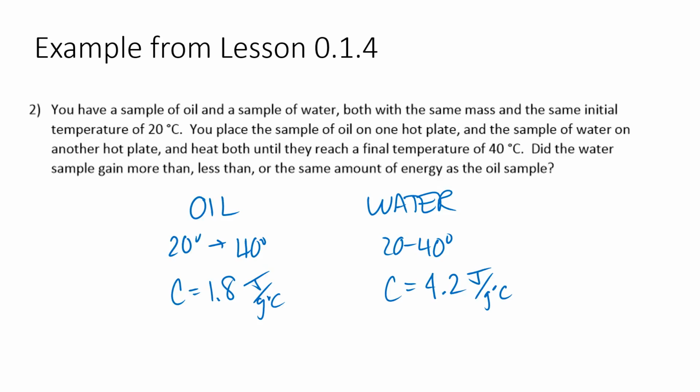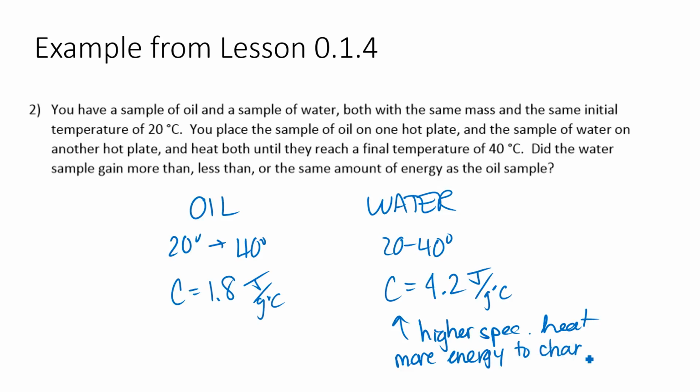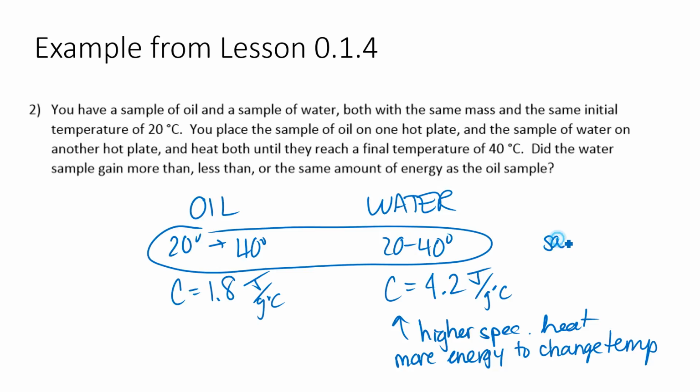So this one, water has a higher specific heat, right? Which again means it takes more energy to change the temperature. So if you're changing the temperature of both samples by the same amount, so notice they both have the same temperature change, your water sample is harder to heat because it has a higher specific heat, so that must have taken more energy to heat your water than it did to heat the oil.